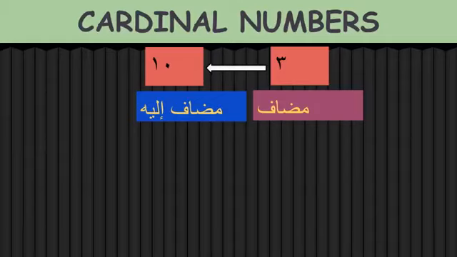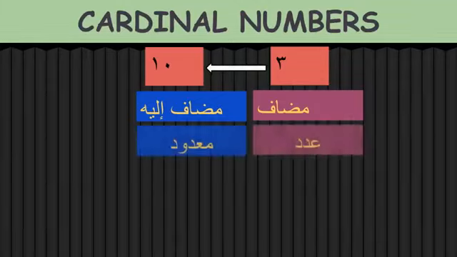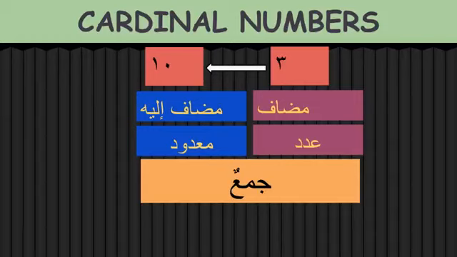Here the number comes first, like thalathata aqlamin. The adad and ma'dud are in different genders, the adad comes first and the ma'dud next, and the noun is always in plural form.